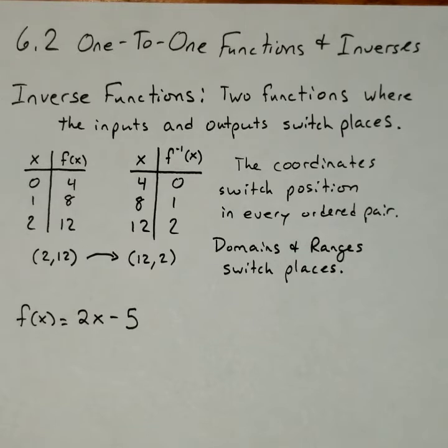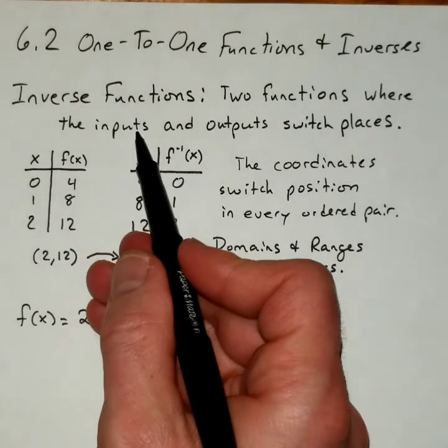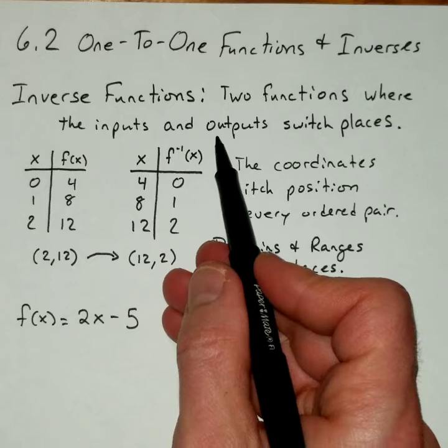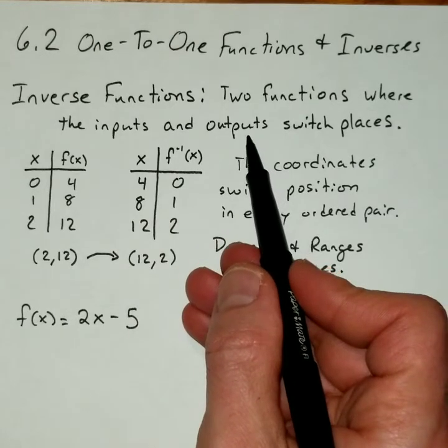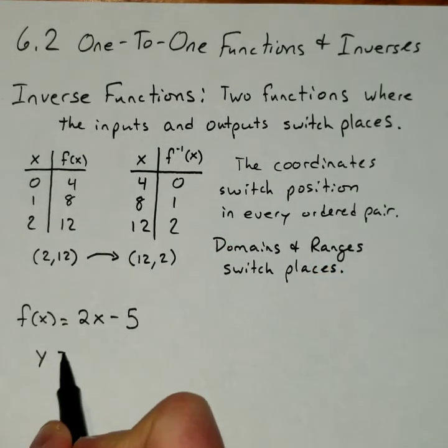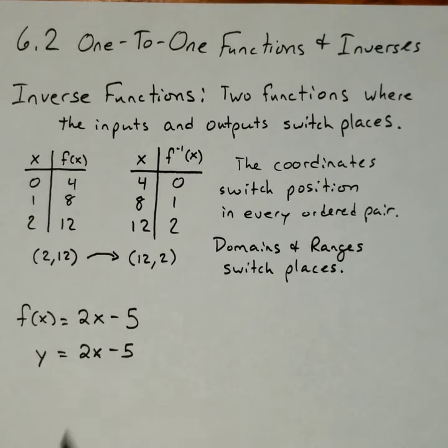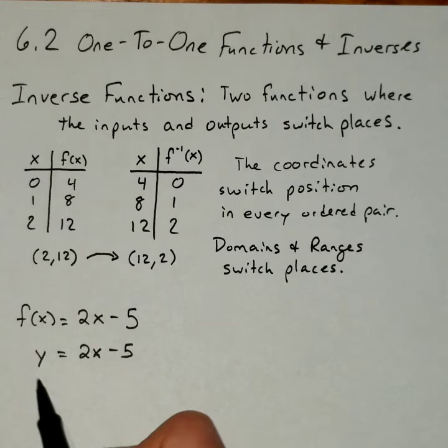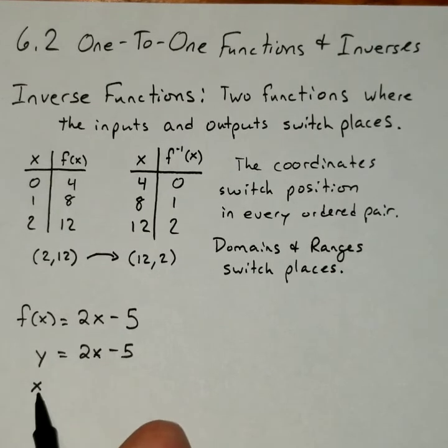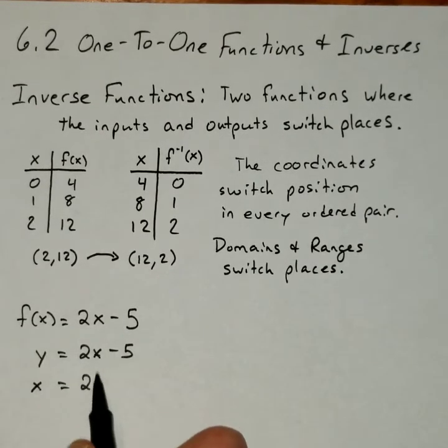Well, how do I do that for all of the inputs and outputs, especially for a line where there's an infinite number of both of them? Well, it's simple. The inputs represent the x values, the outputs represent the y values, and so you simply rewrite this using a y and an x, and then you switch them. The y becomes an x, and the x becomes a y.